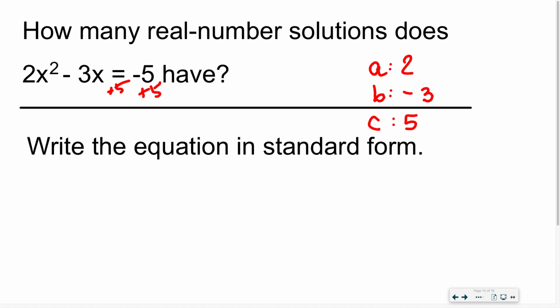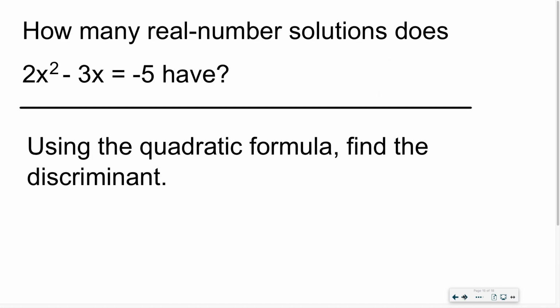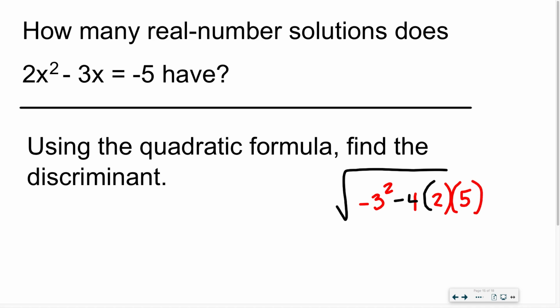From here, I can actually find the discriminant. Let's find the discriminant for this one. What would I calculate? -3 squared minus 4 times 2 times 5. I'm sorry, I had added this on the previous slide, so it would be a positive.